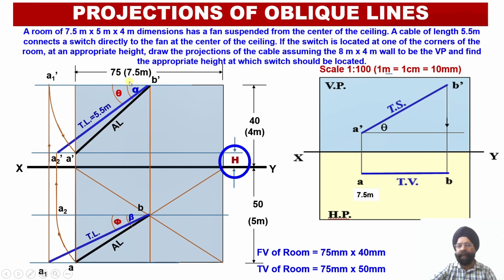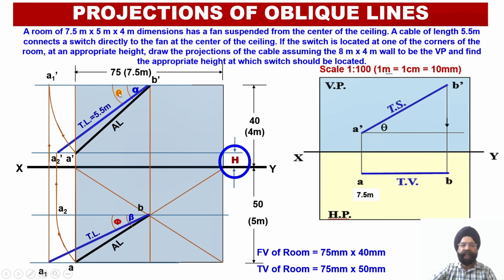now we can also evaluate the angles of inclination of these apparent lengths and the true lengths with respect to the two reference planes. Alpha is the angle of inclination of the apparent length in the elevation with respect to HP.